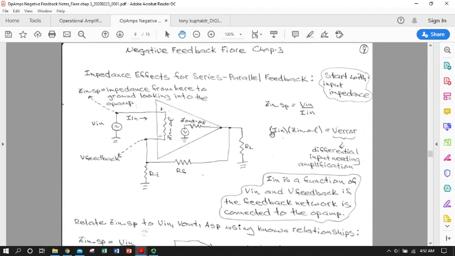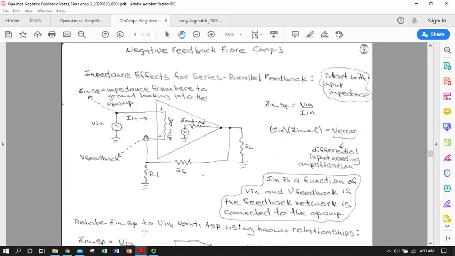We can go further through the op amp and say, well, okay, current is flowing through this resistor. We have In that has to flow through this resistor from the non-inverting terminal to the inverting terminal. Well, this inverting terminal is at V feedback.